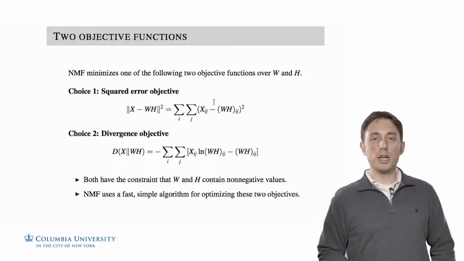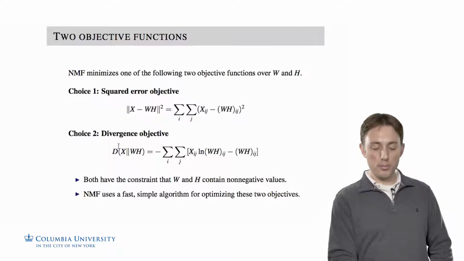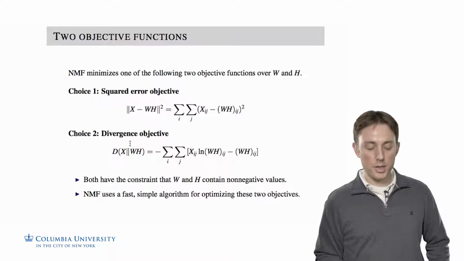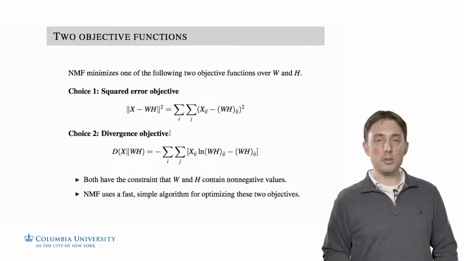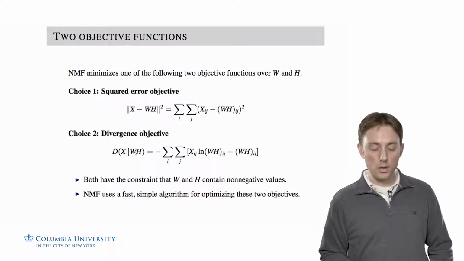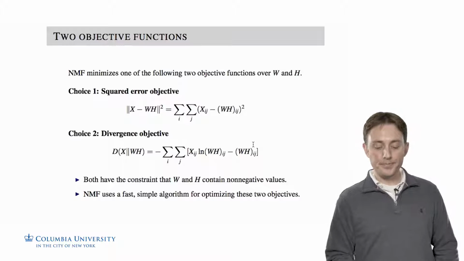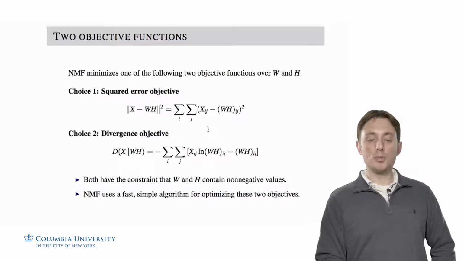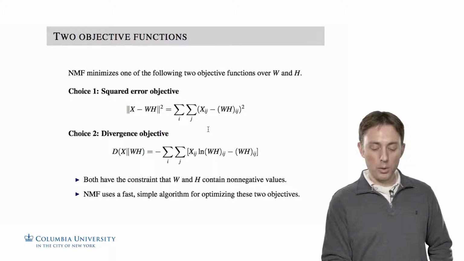And then a different objective we could try to minimize, which I'll make more interpretable in a later slide, is something called the divergence objective. This is also like a distance measure between the matrix X and its approximation WH. It's written this way. This will become much more clear in a later slide, but let's just look at what we have.